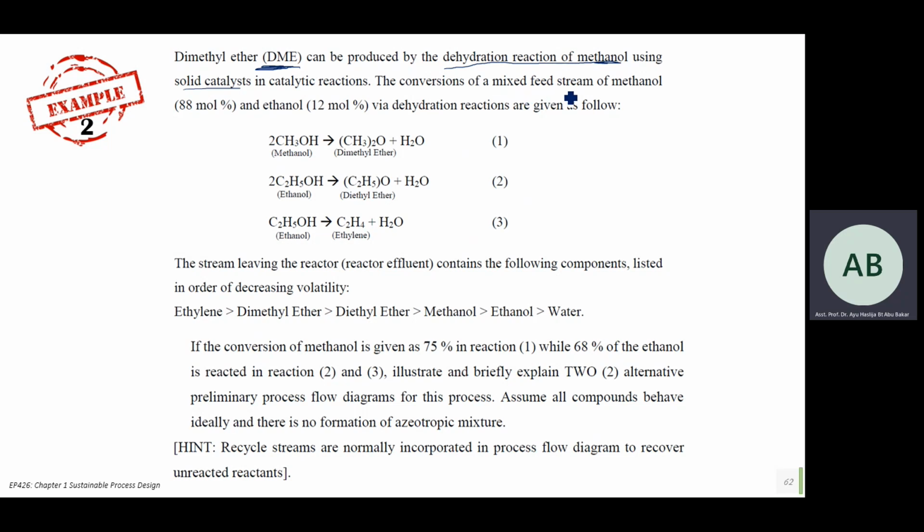Conversion of a mixed feed stream of methanol and ethanol via dehydration reaction are given as follows. So there are these reactions, input is methanol. From methanol, you get your DME. Using ethanol, you will produce diethyl ether.